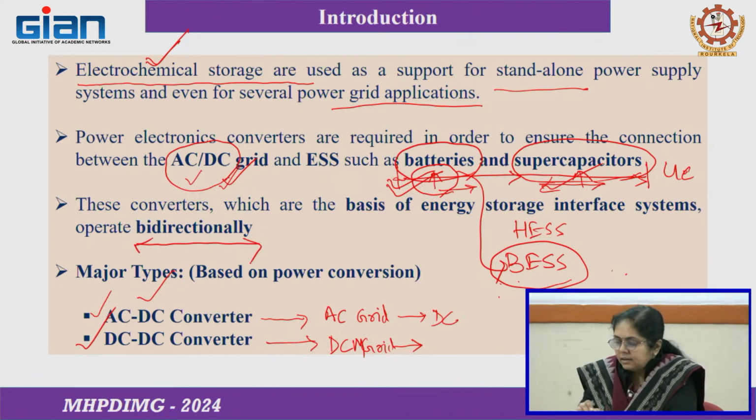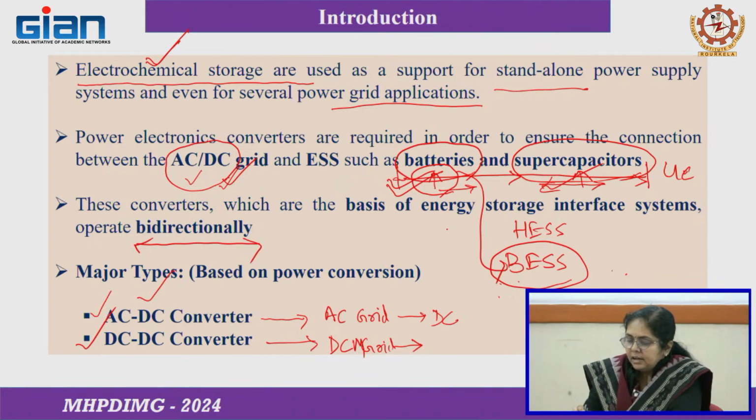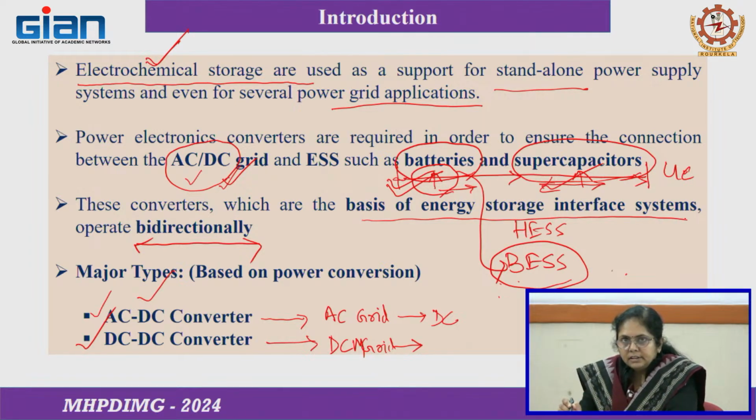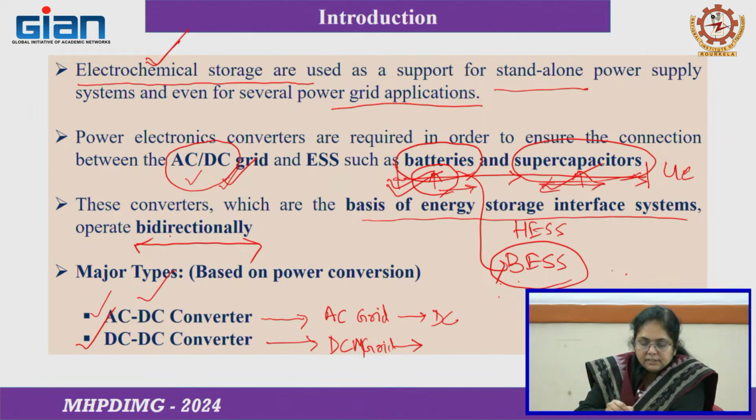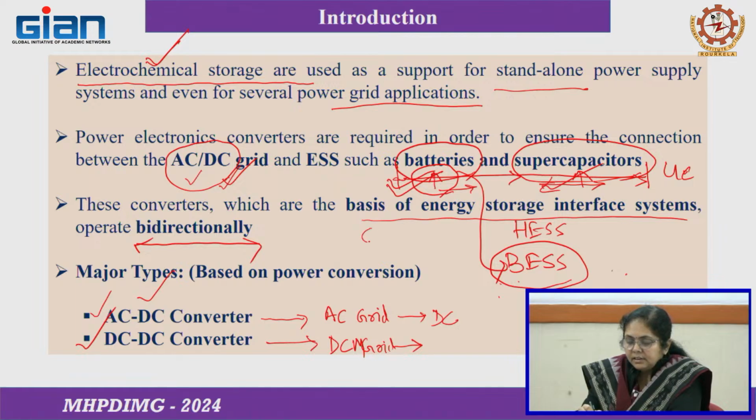Why is bidirectional operation needed? When I am interfacing an energy storage to the grid, the grid can be AC or DC, that is separate, but bidirectional means that depending on the source, if you have an excess of energy, if the generation is more, then we have to store it.